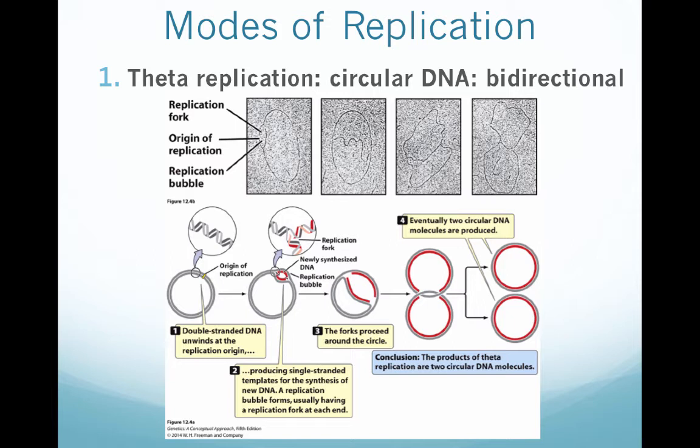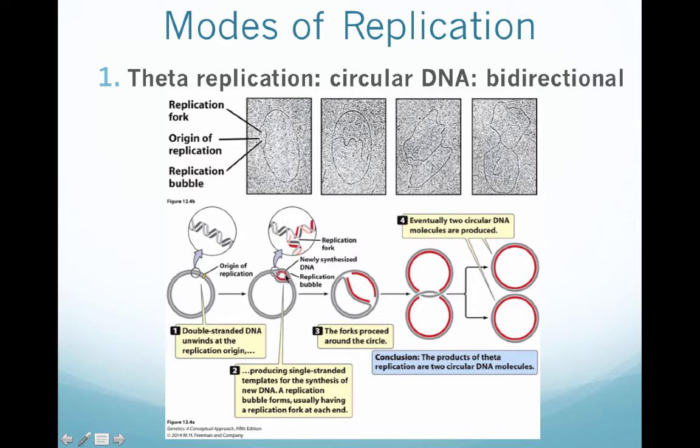So in bacterial systems, we have a circular chromosome here, and that is double-stranded DNA, and it is going to unwind at the origin of replication, which is shown here by this little yellow tick mark. So after that unwinding starts to happen, then that is going to produce a single-strand template for the synthesis of new DNA.